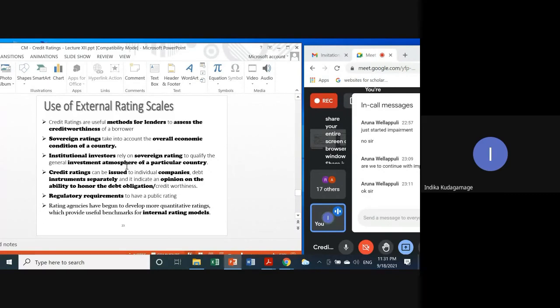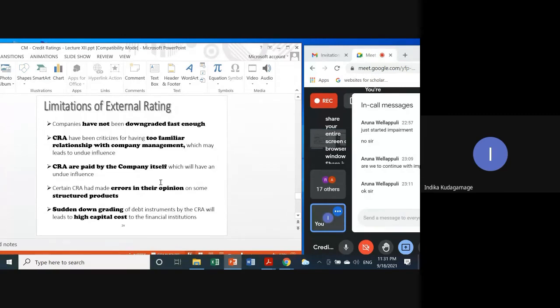The same thing, credit rating can be issued to individual companies and debt instruments, which I told you. Sometimes it is regulatory required, so this can be asked. It is one point on which they can ask questions. Limitations of external ratings. That is, there are limitations.